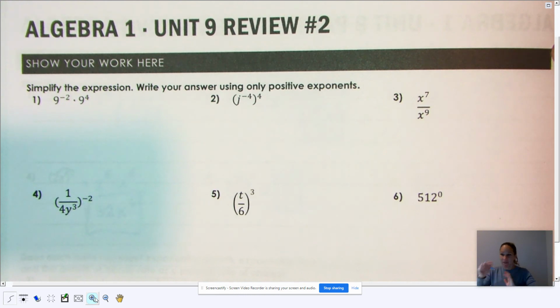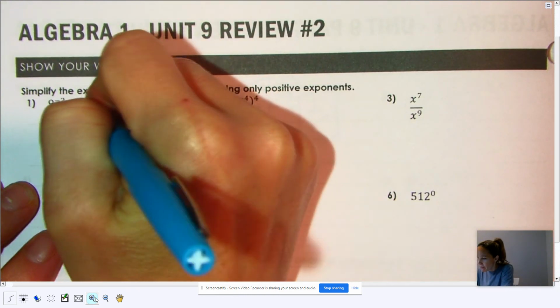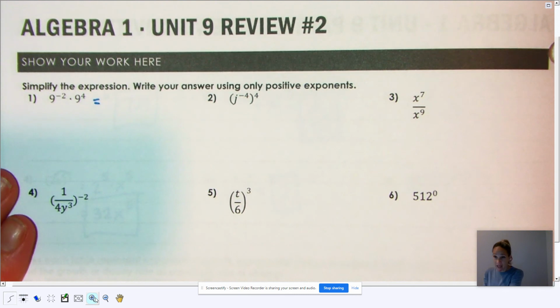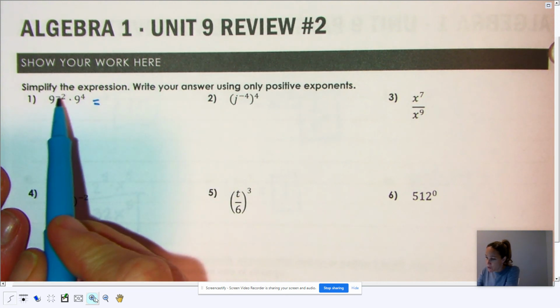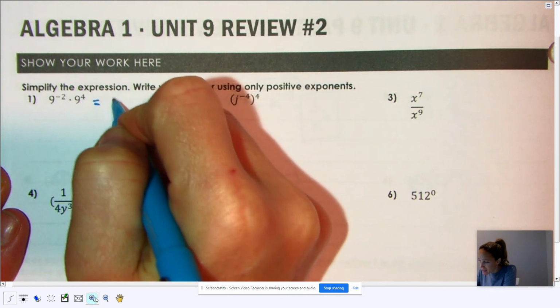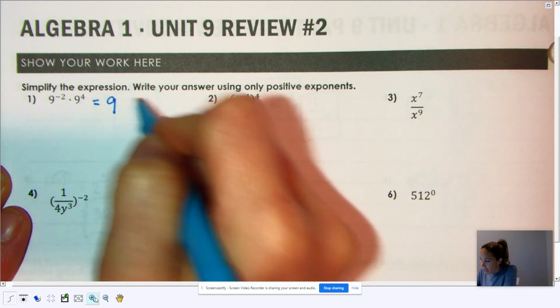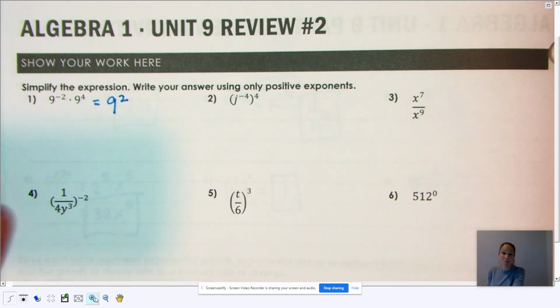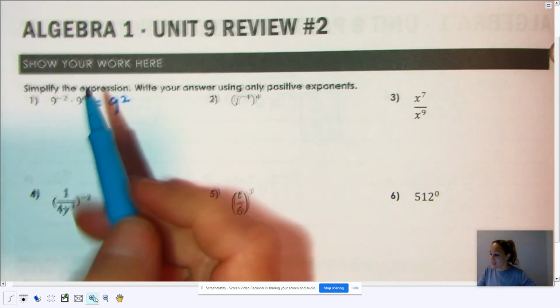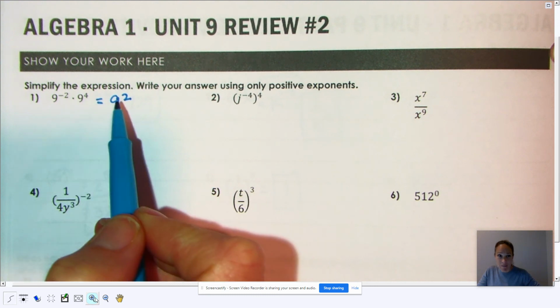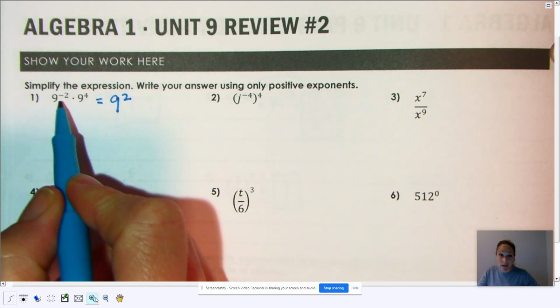So for this first one, remember that when we are multiplying with the same base, we can add up the exponents. So if I have negative 2 nines and I've got positive 4 nines, then all together I have positive 2 nines. But really, this means that we're multiplying by 4 nines and dividing by 2 of them.